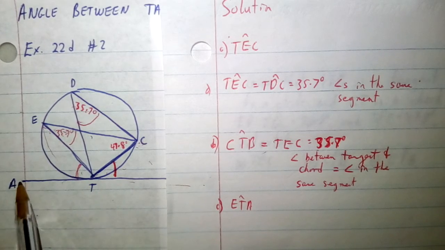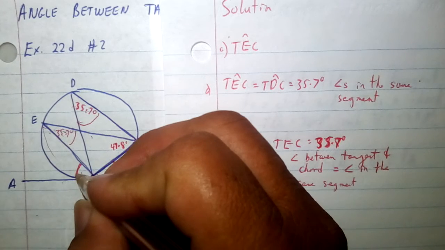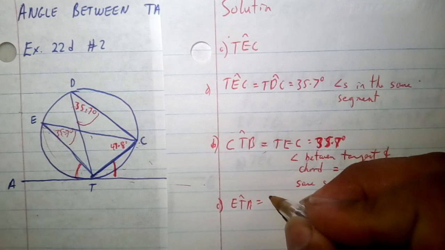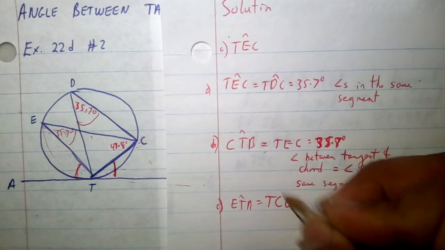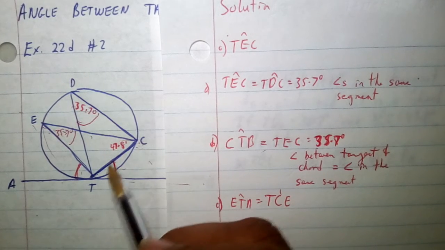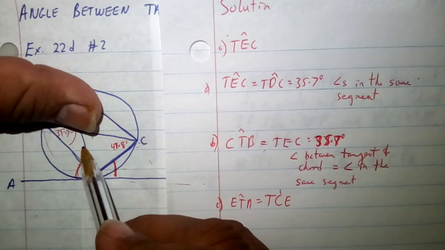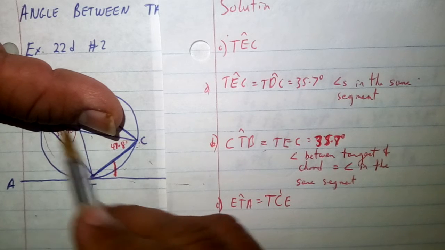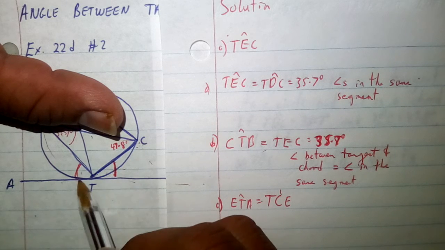ETA, which is this angle, is equal to angle TCE, this angle here. So forget about this line here and this line in between, just look at it as a triangle inside of a circle.